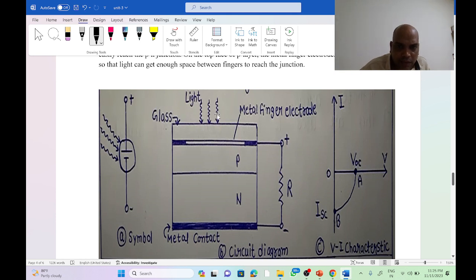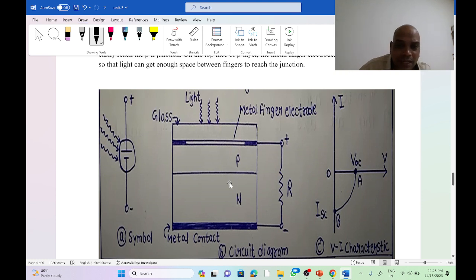Here, whenever light falls on the glass, what happens? The same light will fall on the PN junction, so that electrons in P type and holes in N type move oppositely. Electrons are moving away from the N type and holes are moving away from the P type.